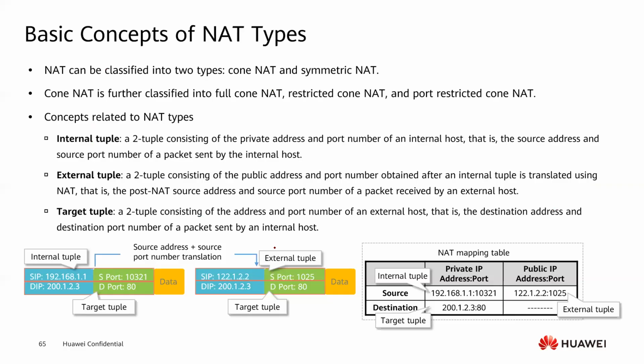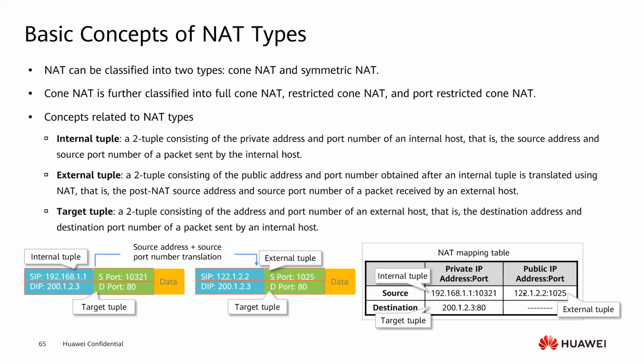This NAT type is not what we call NAPT or static NAT. This is the type for the source NAT. Before we talk further about the types of source NAT, we need to define some basic concepts. One is the tuple.